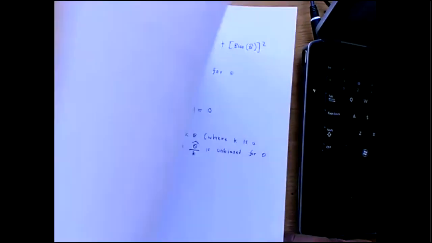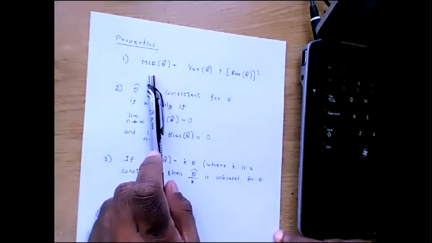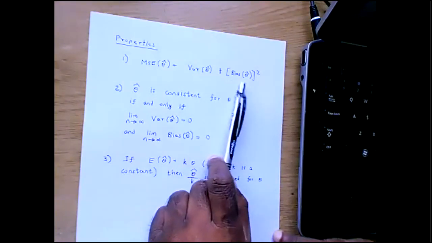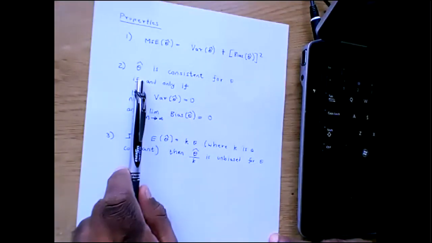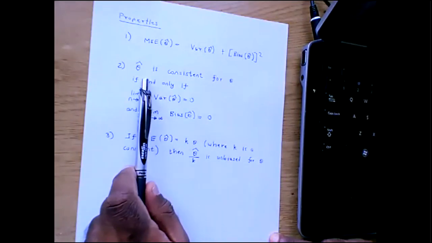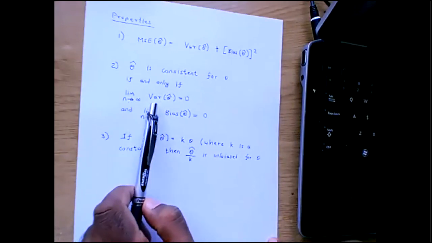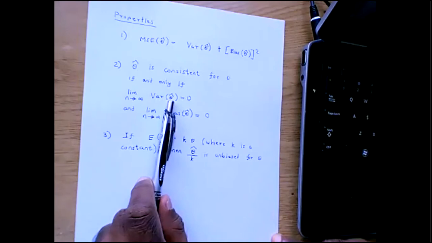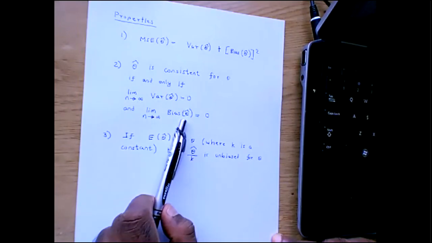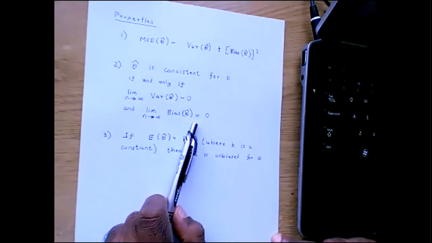Right. Next, some properties. The first property is that the MSE can be written as the sum of these two: the variance of theta hat plus the square of this. The second property is that theta hat is consistent if and only if the limit of the variance of theta hat as n approaches infinity is 0, and the limit of the bias of theta hat as n approaches infinity is 0.